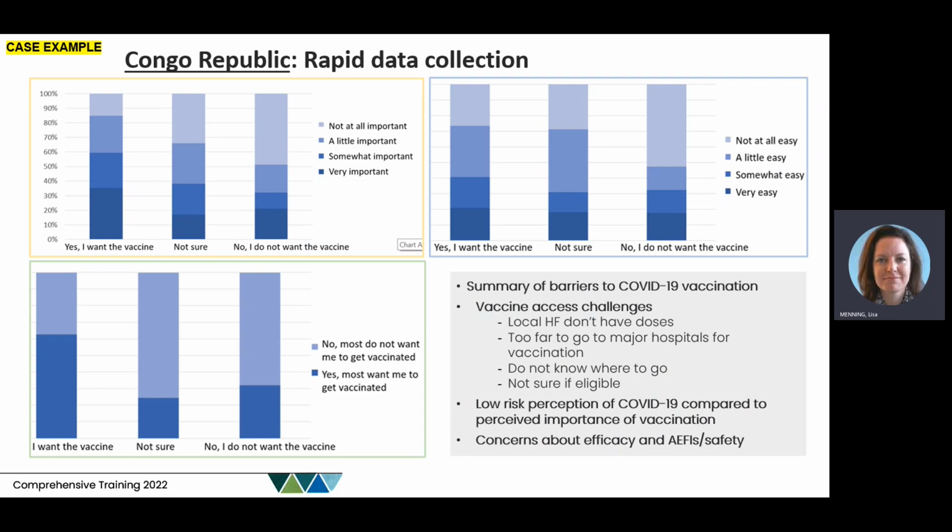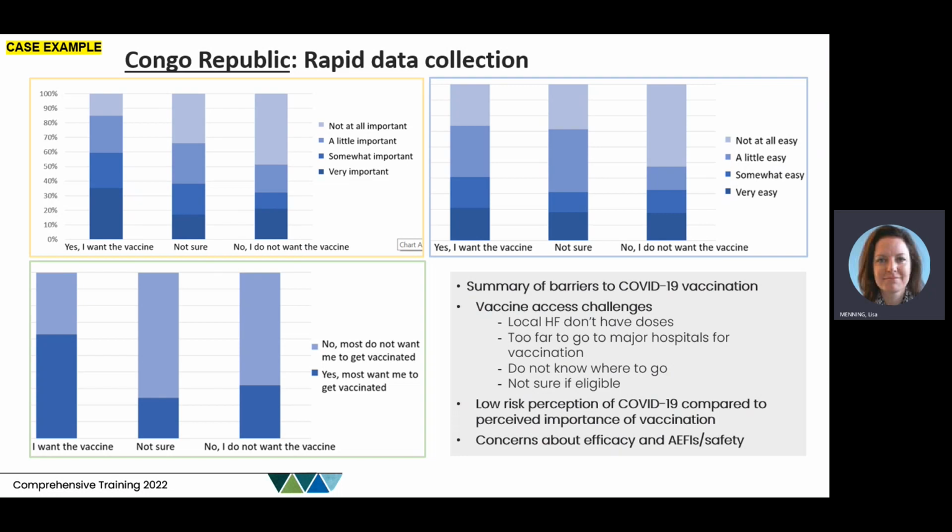And we've stratified these for the importance question in the confidence domain, whether people think vaccines are important or not, whether people think that vaccines would be easy to get, and whether they think their peers, their friends or family members would also want them to get vaccinated. And this provides an important breakdown of these different types of questions corresponding to willingness.